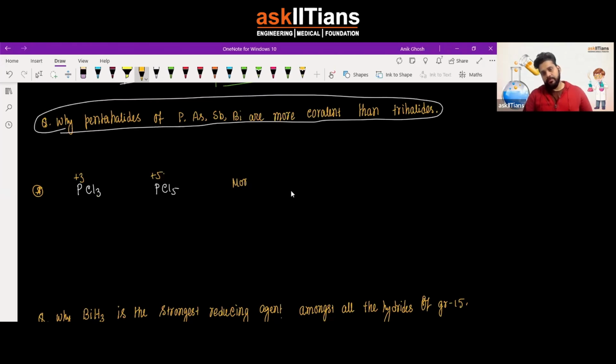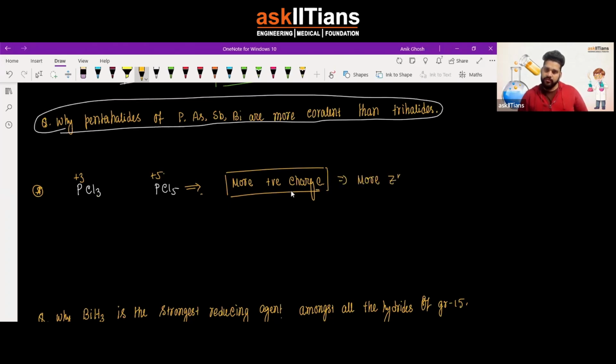More positive charge. If I have more positive charge, then we can say more Z star. The effective nuclear charge will also be high. The same thing. Positive charge is coming from the nucleus only.